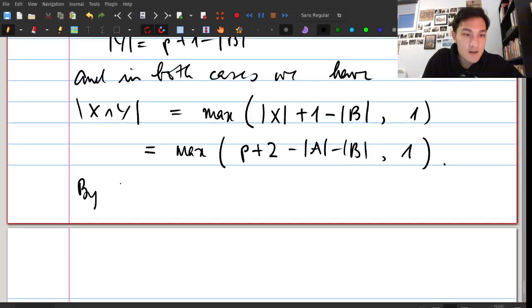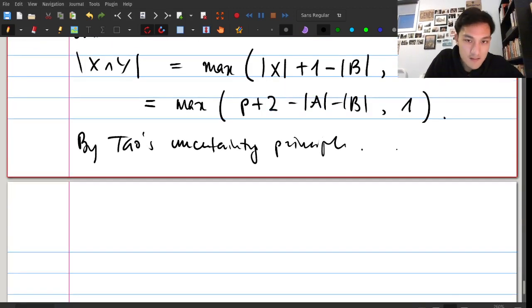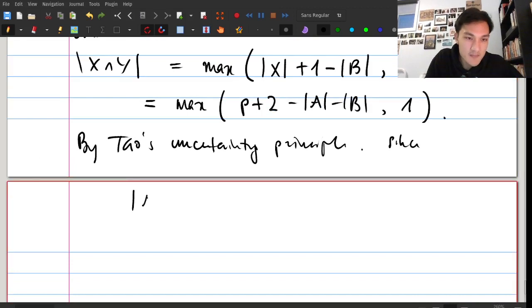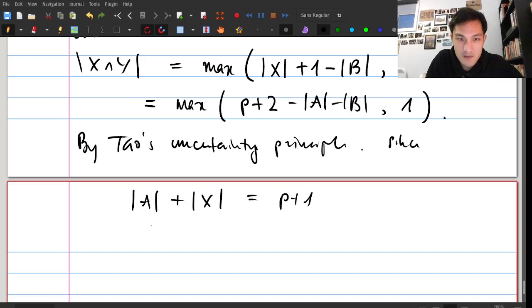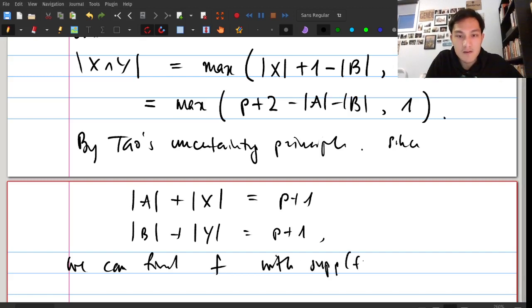Okay, by Tao's uncertainty principle, since the size of a plus the size of x is equal to p plus 1, and the size of b plus the size of y is equal to p plus 1, we can find f with support of f equals a, and support of f hat equals x.